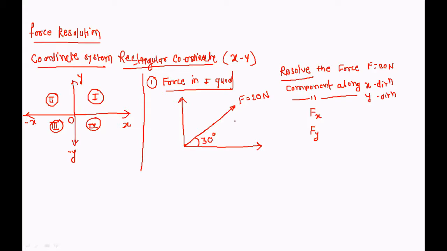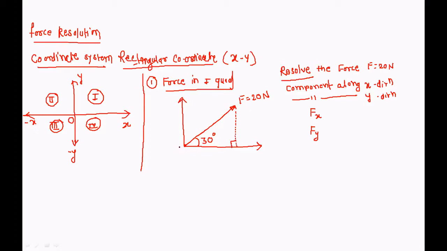Okay, so for that we will construct one right angle triangle where this force F, that is nothing but the initial force, will be the diagonal of that right angle triangle. So from this point, I will draw one perpendicular on the x-axis.